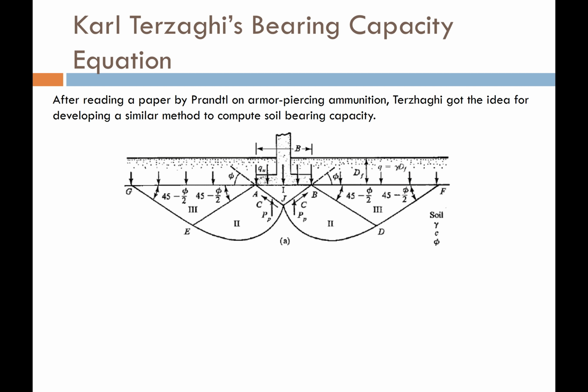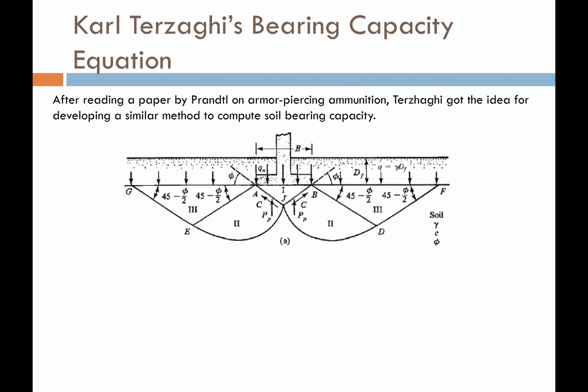You see, when Carl Terzaghi was developing the theory of bearing capacity, the world was engulfed in the middle of a world war. And Carl Terzaghi tried to get his inspiration from multiple sources. One particular day, he was reading a scientific paper by a German author named Prandtl on the theory of armor-piercing ammunition and how bullets could pierce armor.